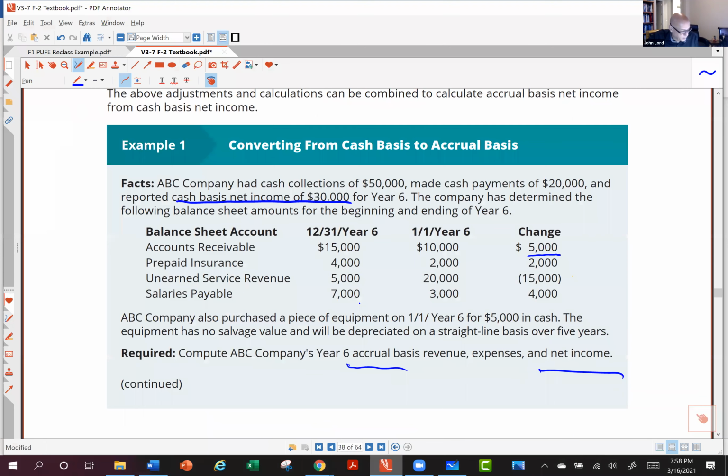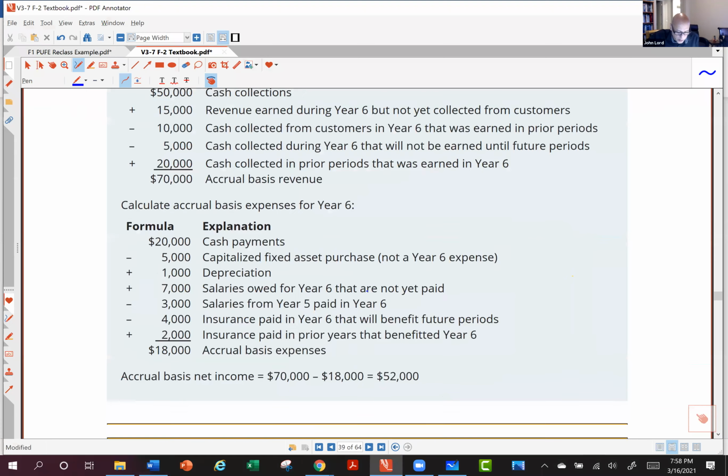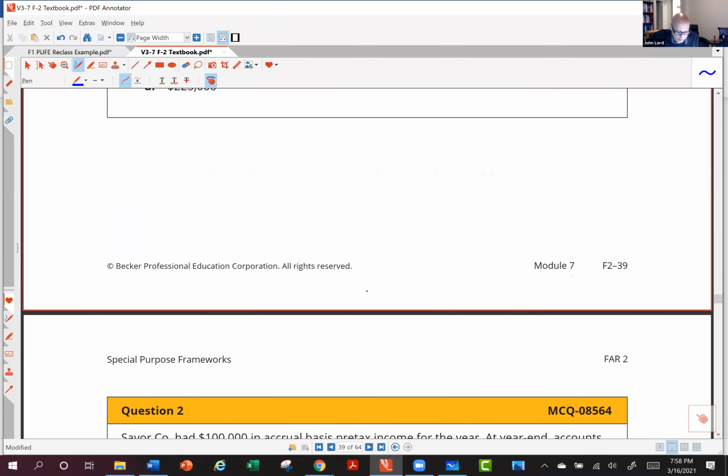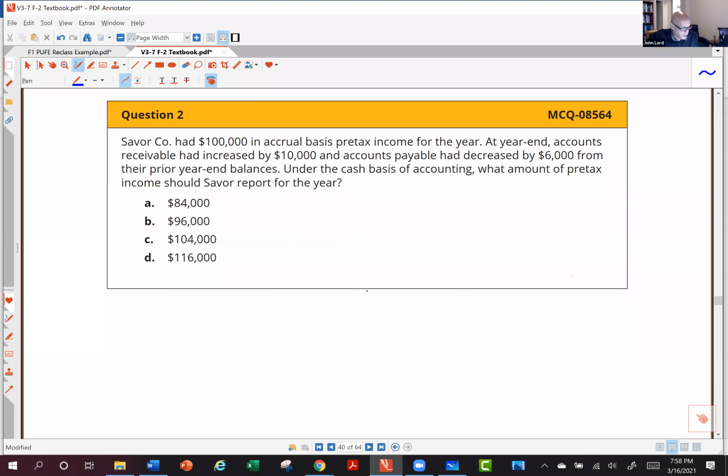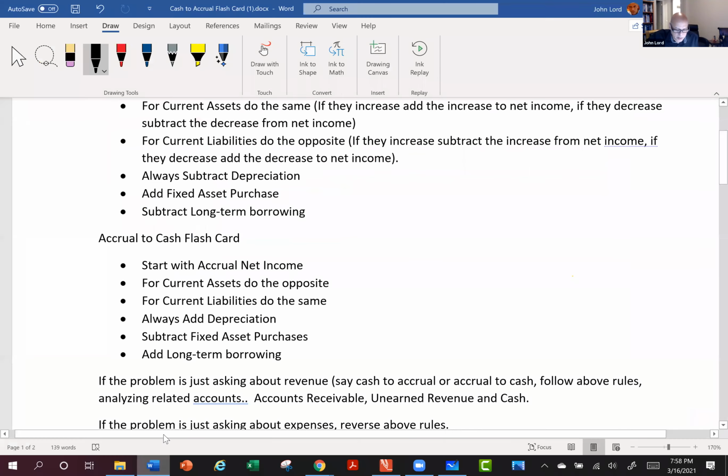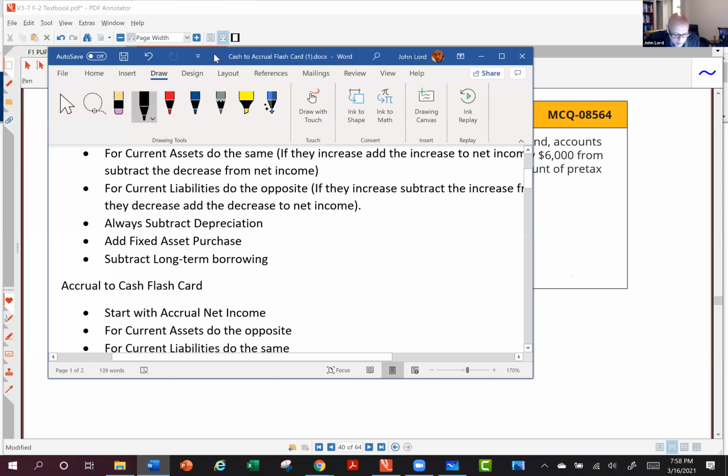Okay, so I'll show you the question I want you to work through. Go to page 40 in my book and see if you can work that question using the flashcard that I will put up. There's probably some way of showing them both at the same time, I just don't know how.